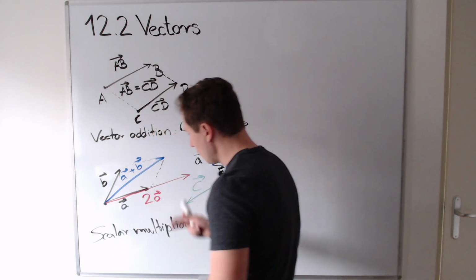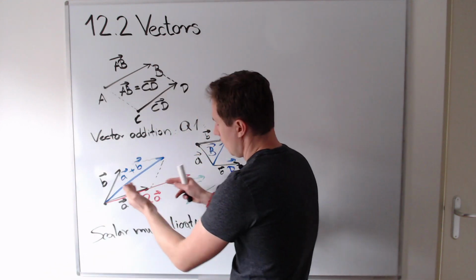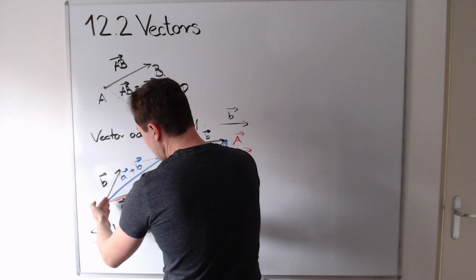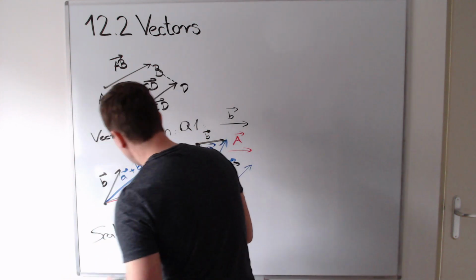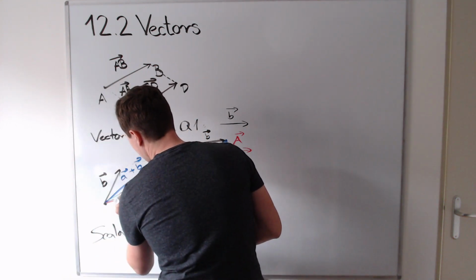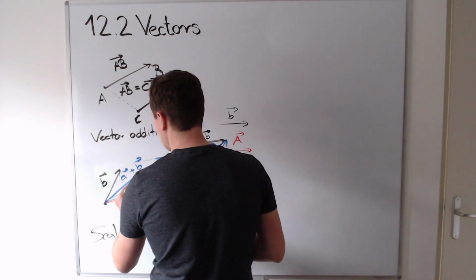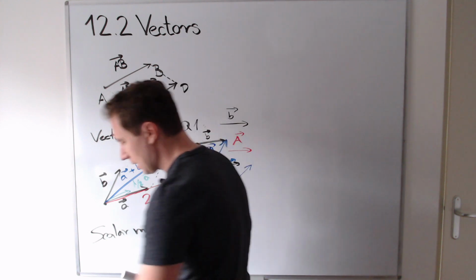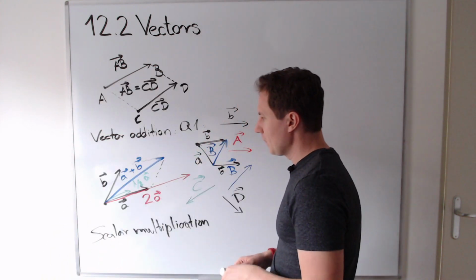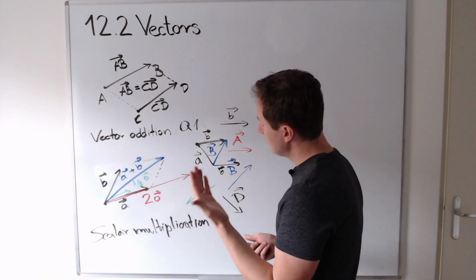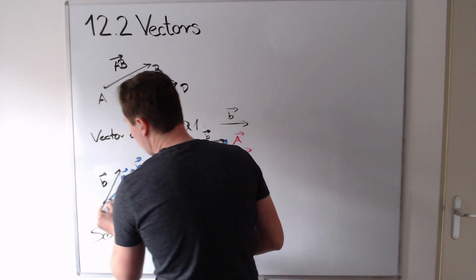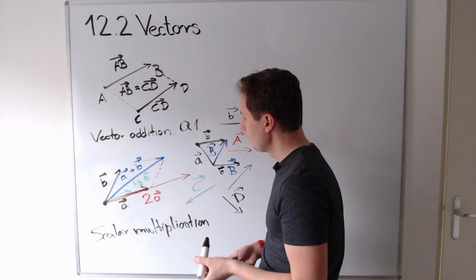Multiplying it by a positive number could either stretch the vector along its direction or shrink it. So if I were to take a half times A, then I would get a vector that is half as long as A, but still points in the same direction. If I multiply the vector by 0, I get the 0 vector, which has no length or well-defined direction.